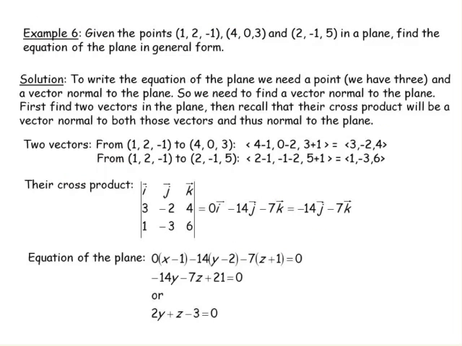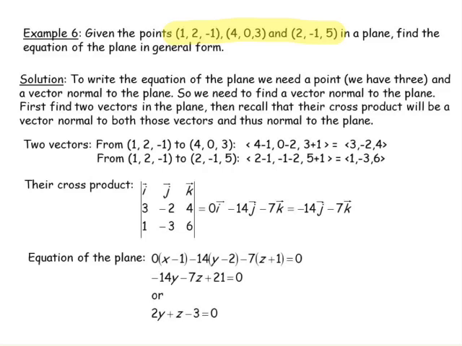Our next example is writing an equation of a plane given 3 points. So in this example, we have the points 1, 2, -1, 4, 0, 3, and 2, -1, 5. Those 3 points lie in our plane, and we want the equation of the plane in general form.